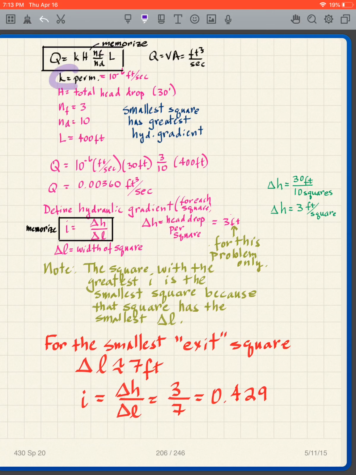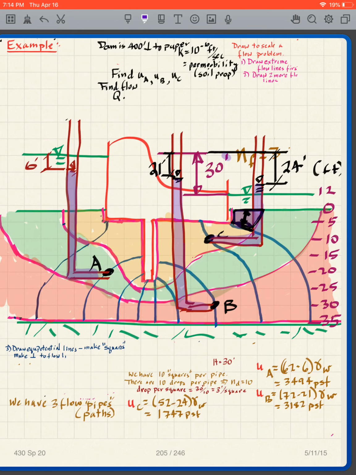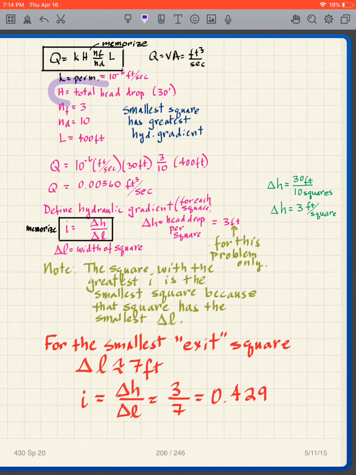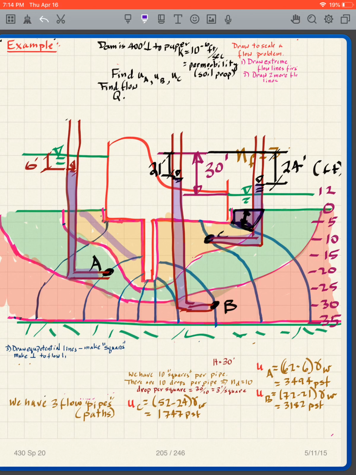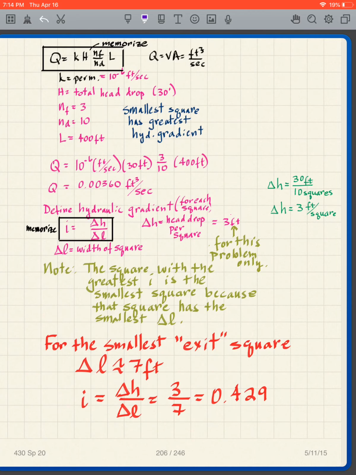What are the meanings? K is the permeability of the soil. In this case, it's 10 to the minus 6 feet per second. H is the total head drop, the 30 feet. In other words, it's the difference between the upstream water level and the downstream water level, which is 30 feet. NF is the number of flow paths, or flow pipes: 1, 2, 3, so it is 3.